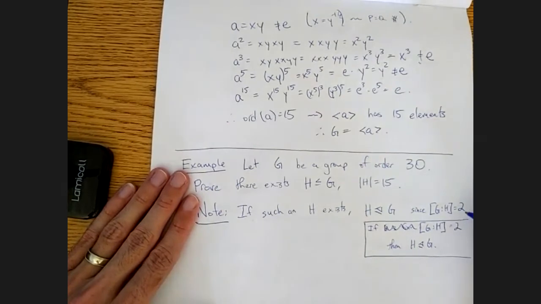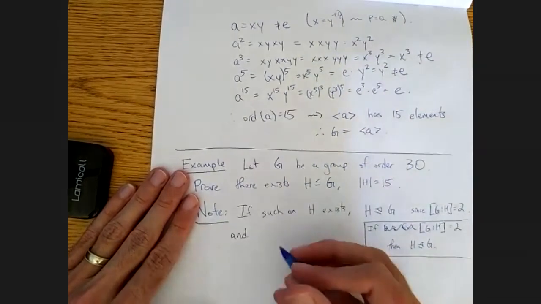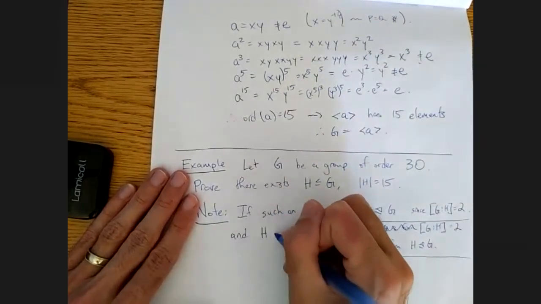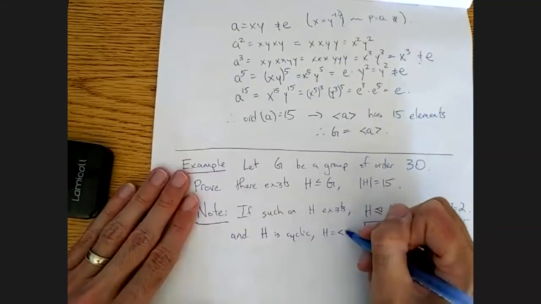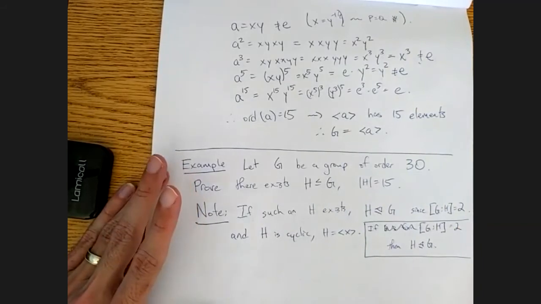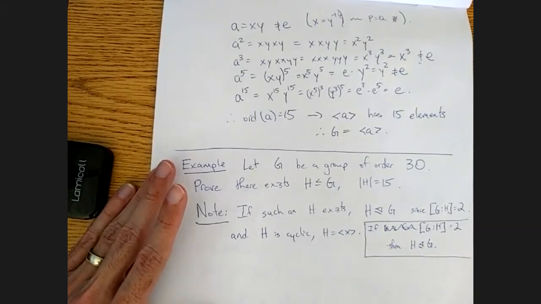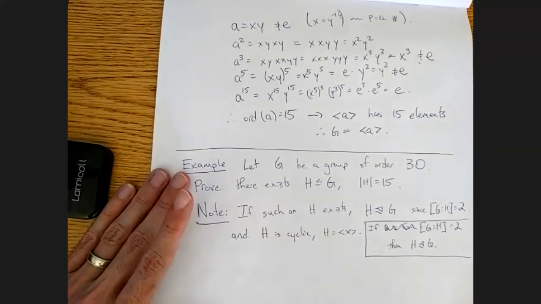Furthermore, we just saw how any group of order 15 is cyclic. So this is a group of order 15, so H is cyclic. So groups of order 30 have a very restricted structure; there are not too many different possibilities for what they are.